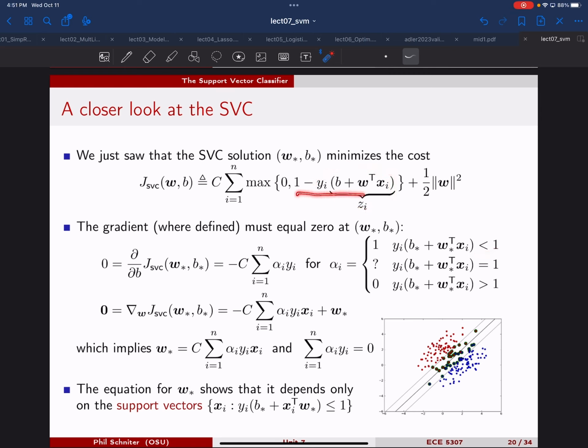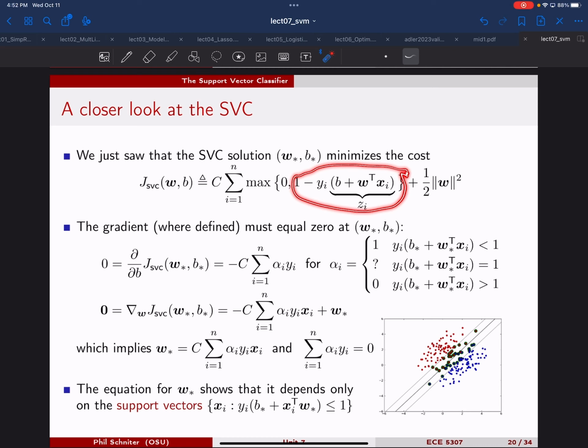Then 1 minus that is strictly greater than 0, which means the max will always choose this. At that point we can forget about the max altogether, and we essentially just have a sum of these values. So we can do the gradient pretty easily.